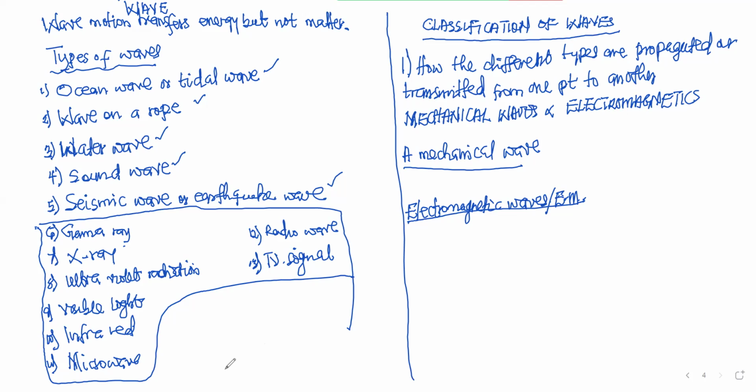One thing they have in common is that they can all be propagated without a medium. Two, they all travel at the same speed, which is 300 million meters within 1 second. So that's the key properties of EM waves. Please, is there any question?